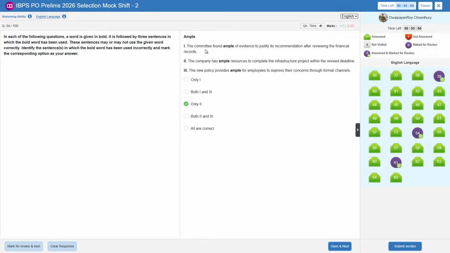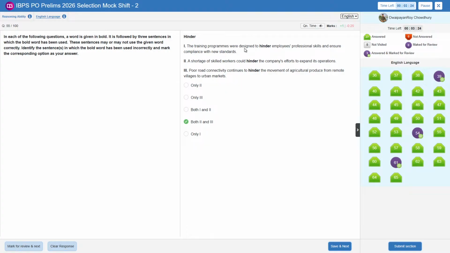Ample. The committee found ample of evidence. So all of these questions asked for incorrectly used. Which has been incorrectly used?